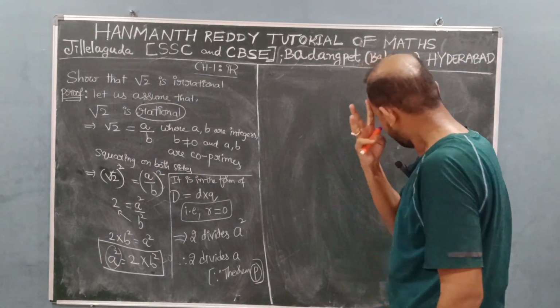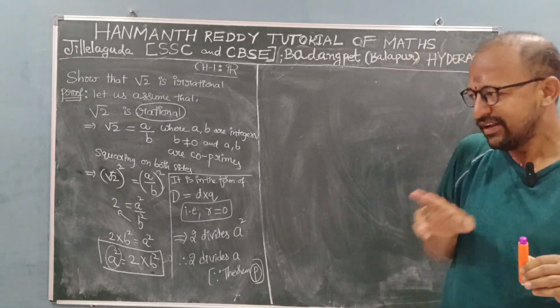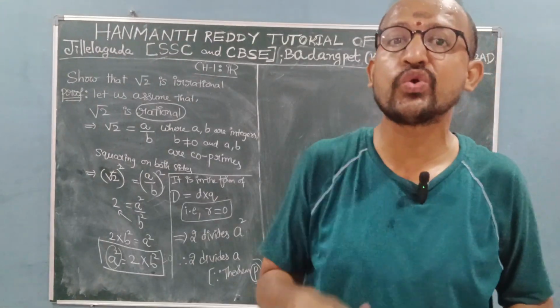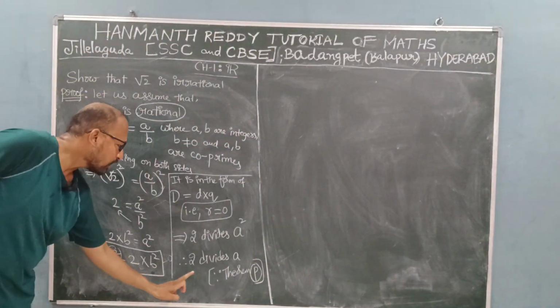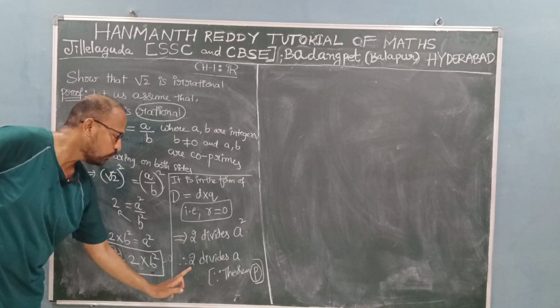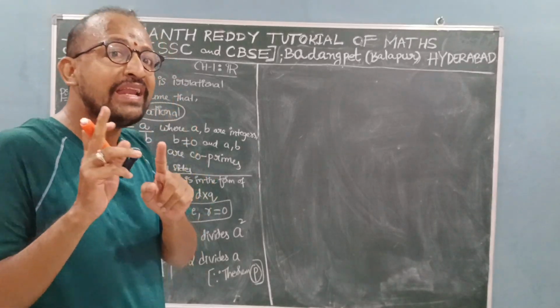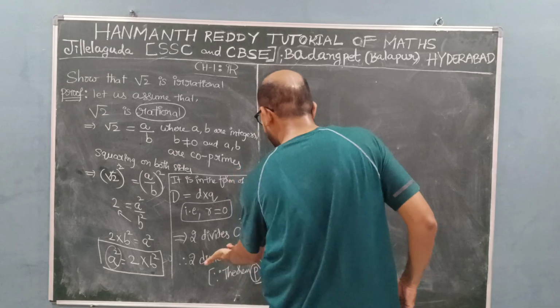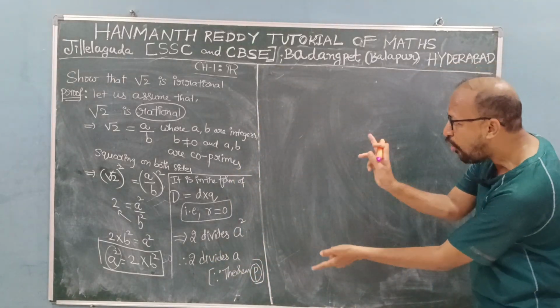Now after this, again for the two quantities apply Euclid division algorithm. Apply division algorithm for quantities 2 and a. Now 2 becomes the divisor, a becomes the dividend. Listen very carefully, now I am applying the division algorithm on 2.